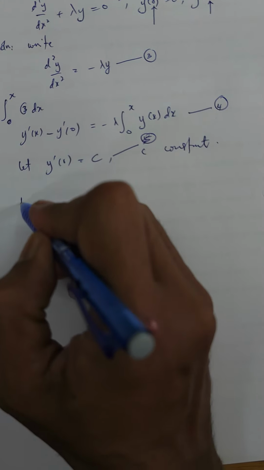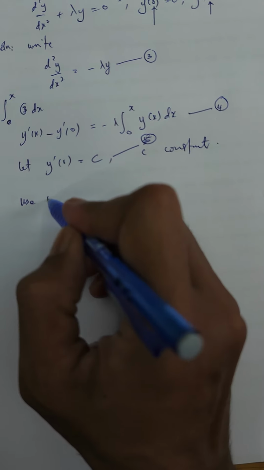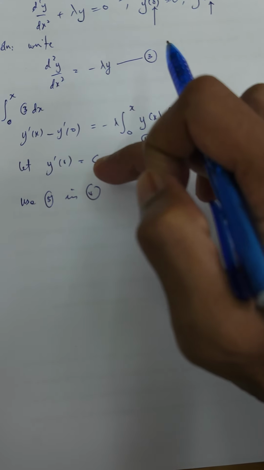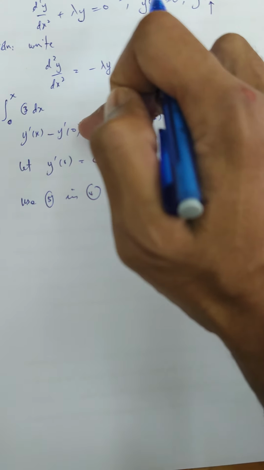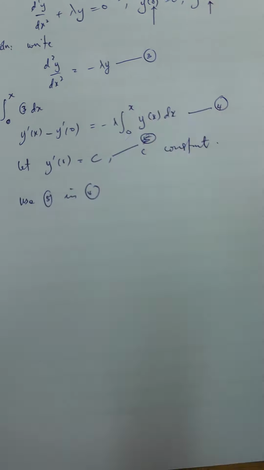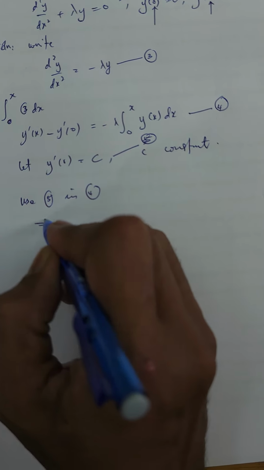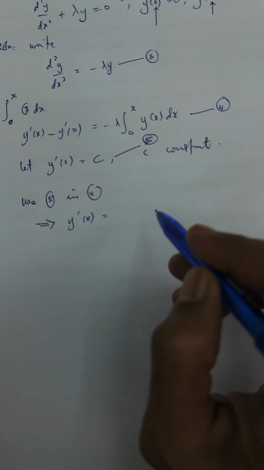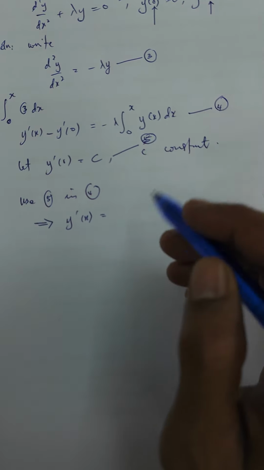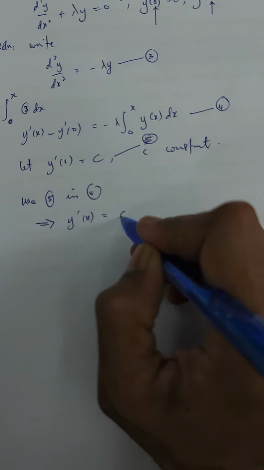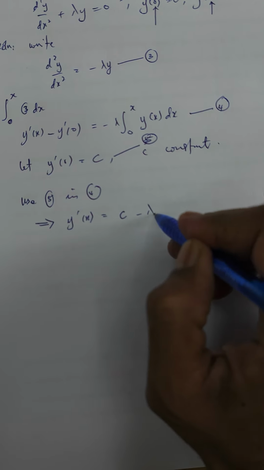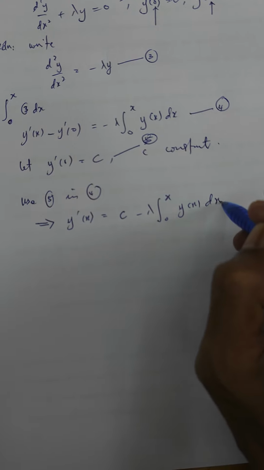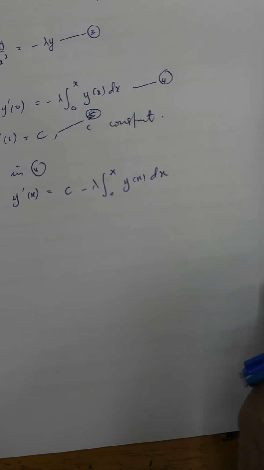So use 5 in 4. We substitute, and bringing y'(0) to the right, we have y'(x) equal to c minus lambda integral from 0 to x of y(x) dx.